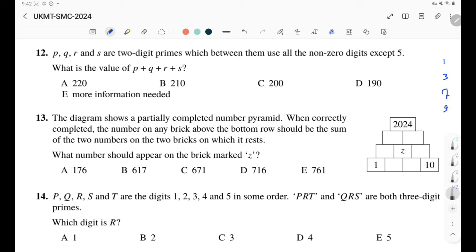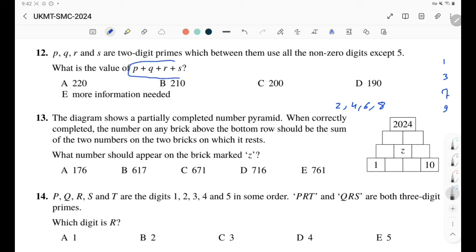And of course, now that means the tens digits are 2, 4, 6, and 8. And these are going to be distributed there. But guess what? Does it really matter? We need to think about how they are distributed. Let's see what's the question.